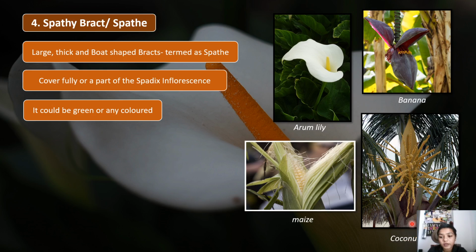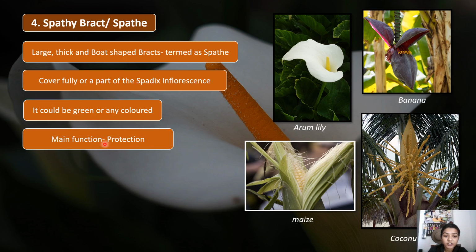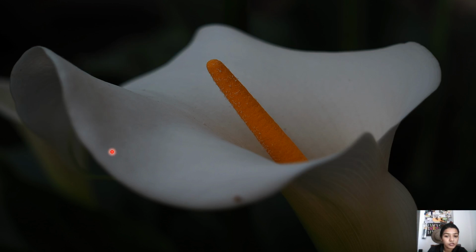Like this, most of the palms that we know have a spathy bract, right? There are cases where spathy bracts are like 20 feet long also, and therefore these are much larger in size, huge in structure. The main function, as I said, is protection. So this is about spathy bract.